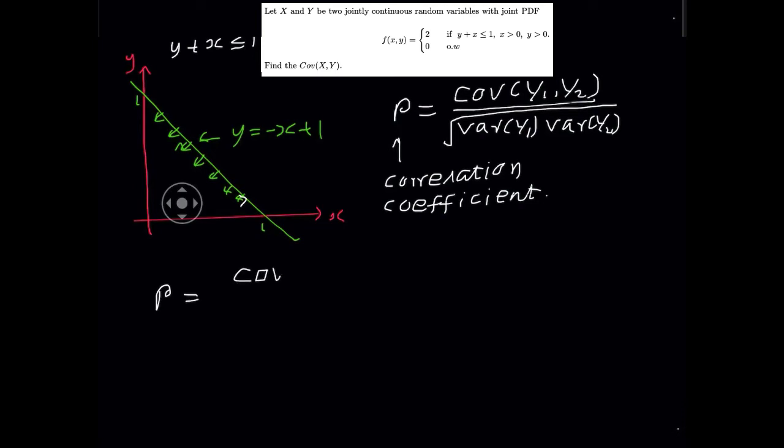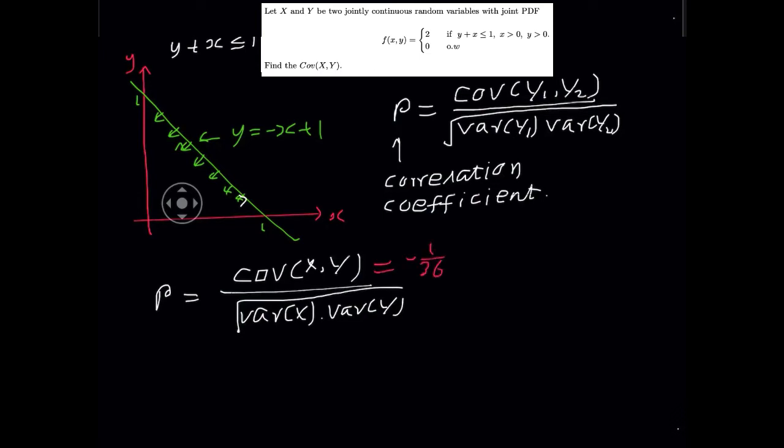It should be covariance of xy divided by the square root of variance of x times variance of y. So covariance of xy we know already, negative 1/36. But we need to find the variance of x and variance of y.